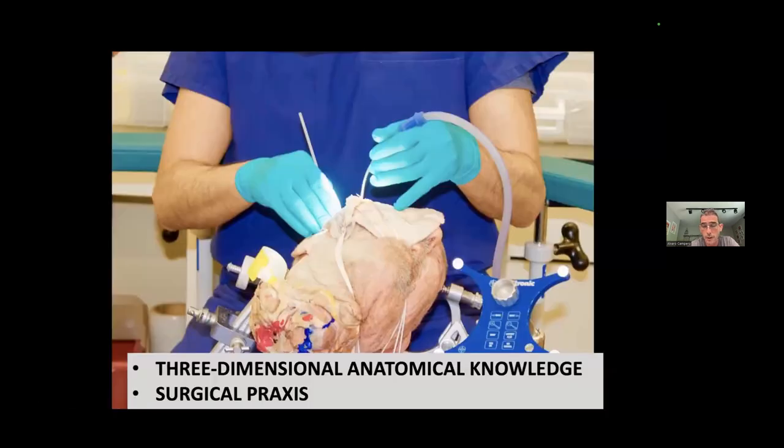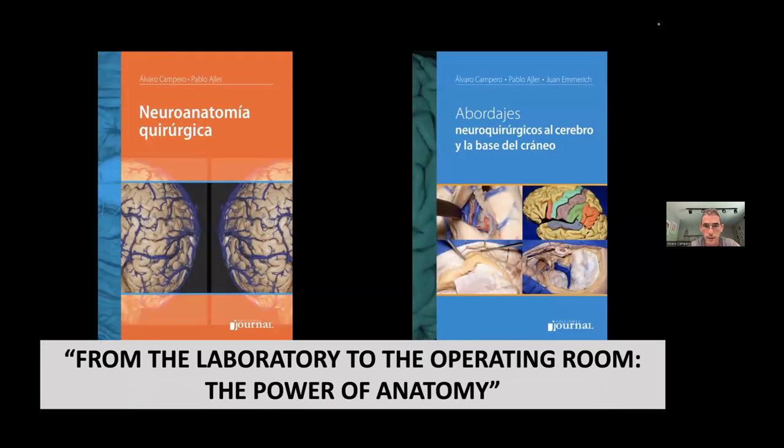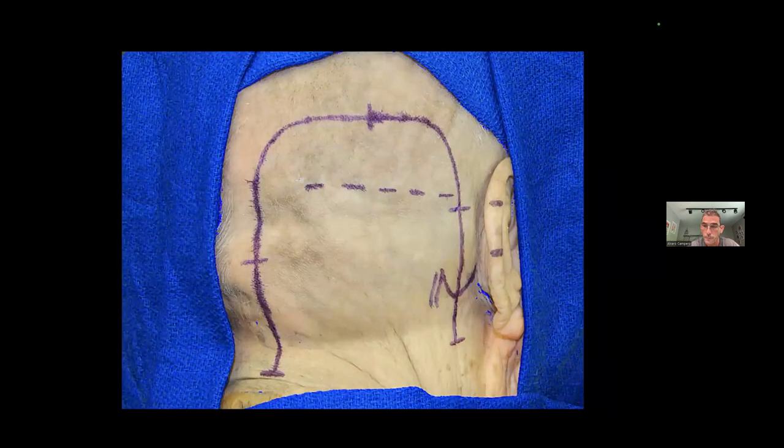So it is very important, especially for young people, to go to the laboratory to learn the three-dimensional anatomy of all the regions in the skull base and in the brain, and also to have better surgical praxis. And this is our idea, from the laboratory to the operating room, because this is the real power of anatomy.